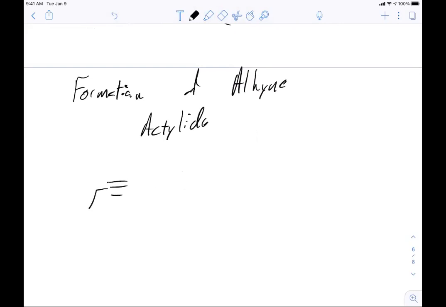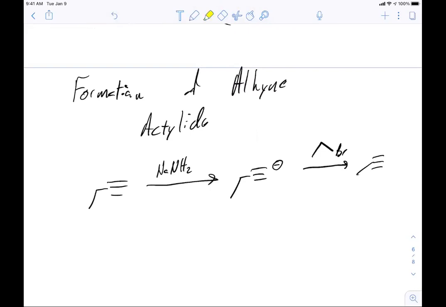We can start with a terminal alkyne, add sodium amide, form the acetylide, and then have that react with an electrophilic carbon. We didn't have this option with alkenes, right?